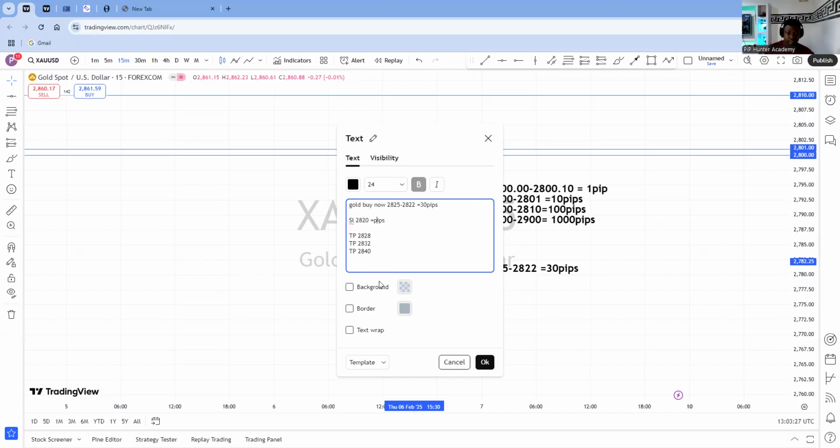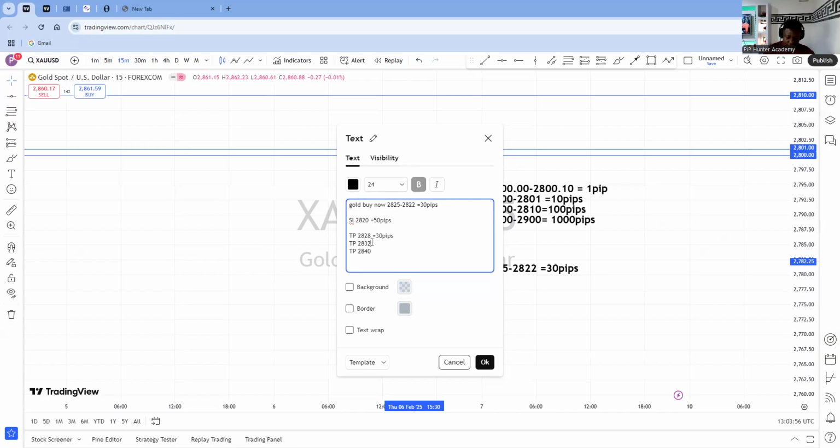All right, 50 pips. And then for the TP1, you are calculating it from the first entry, which is 28.25. So from 28.25 to 28.28 gives you 30 pips.